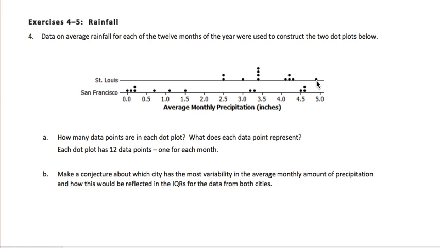So there is a bigger range for San Francisco. And we would assume that the interquartile range, which you remember is the middle 50% of the data, so we'd be looking at something right in here, seems to be a wider range as well.